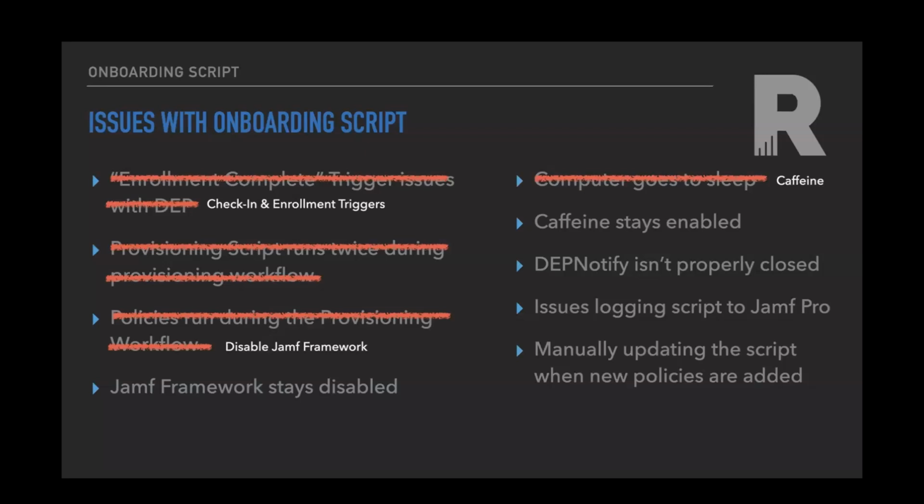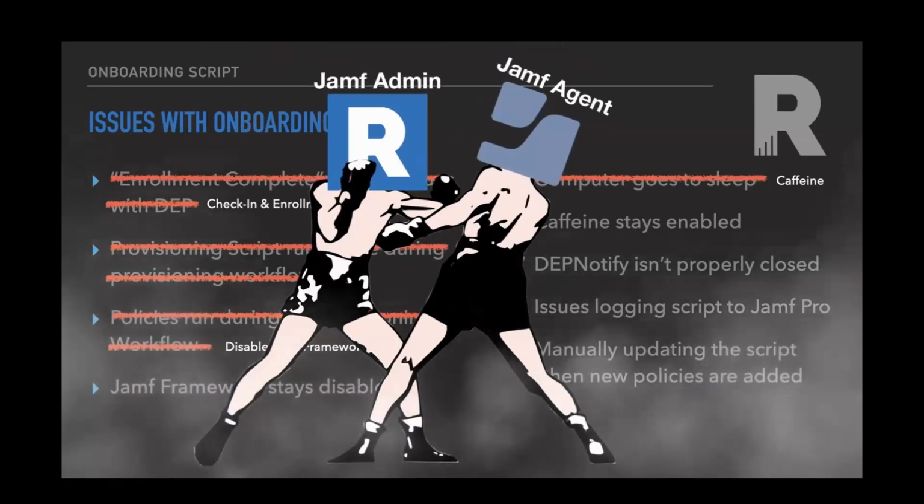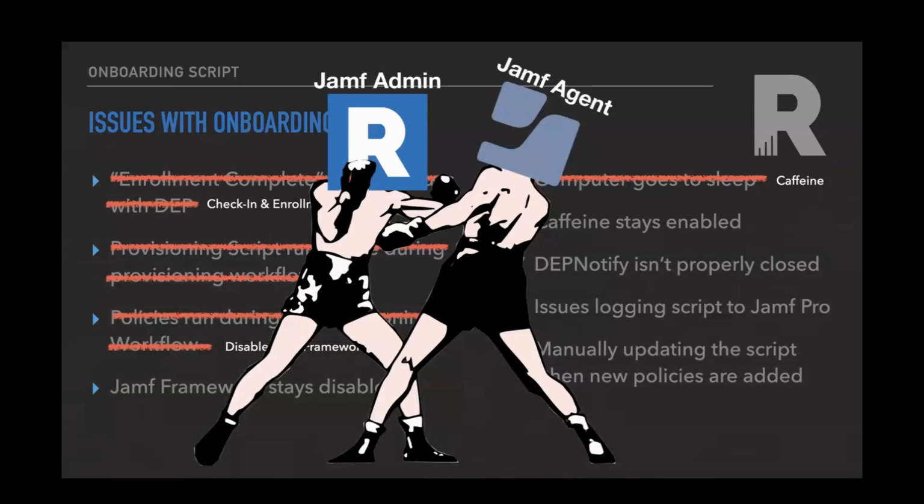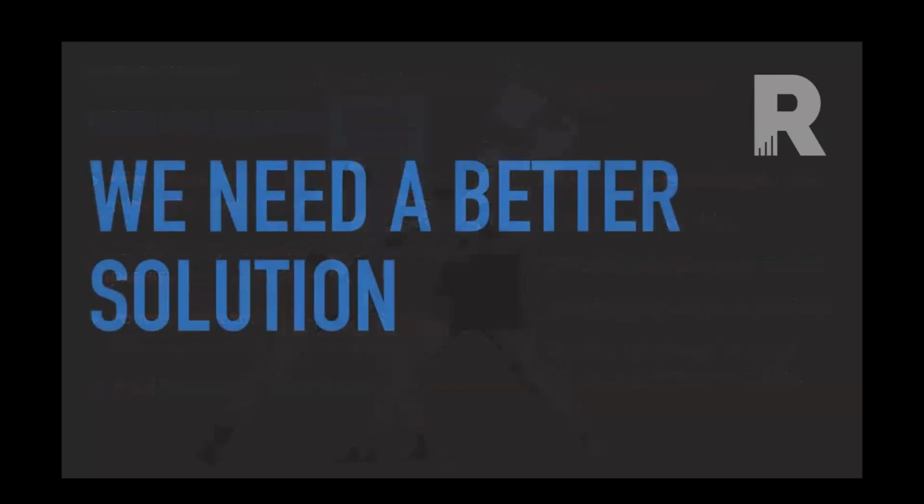So we're constantly working with this script to keep it up to date with all of our clients. And it's been a bit of a headache. It sometimes just feels like we're fighting the Jamf binary as we're adding all these fixes to this workflow. It works, it's fine, but it seems like there must be a better solution.